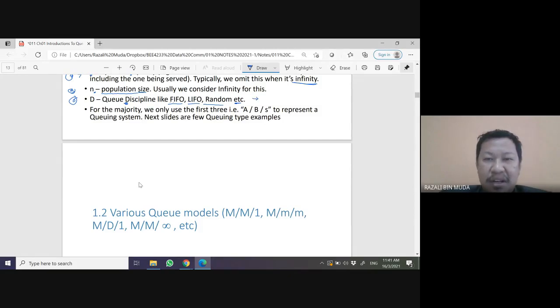Just now at the top we discussed first come, first serve, and last come, first serve. It is similar. For the majority, we only use the first 3 notations, A, B, and S, to represent a queuing system.